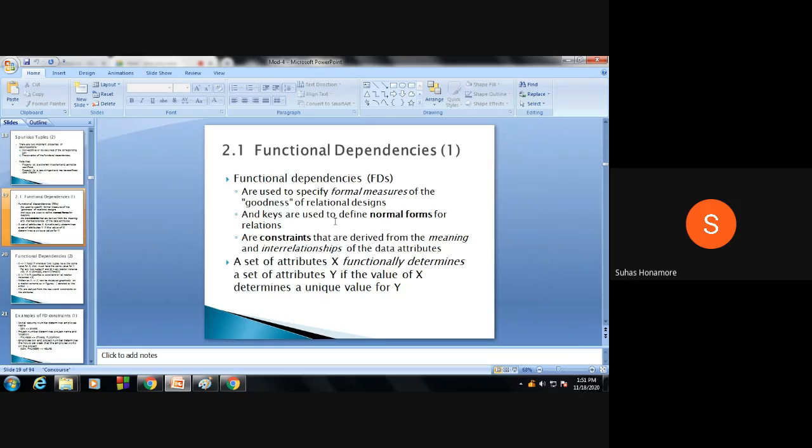Functional dependency is this: suppose X and Y are two sets of attributes. We say a set of attributes X functionally determines a set of attributes Y if the value of X determines the unique value of Y. So this is what functional dependency is.